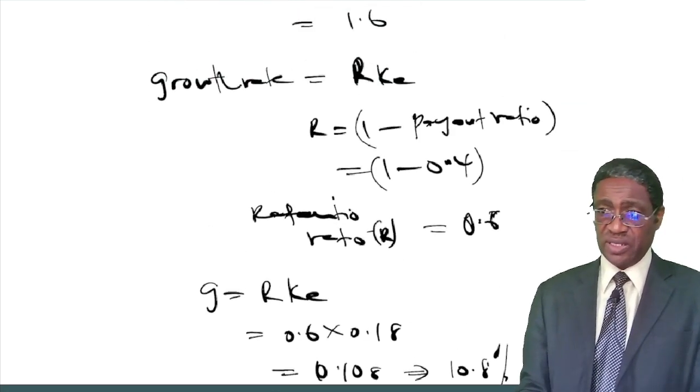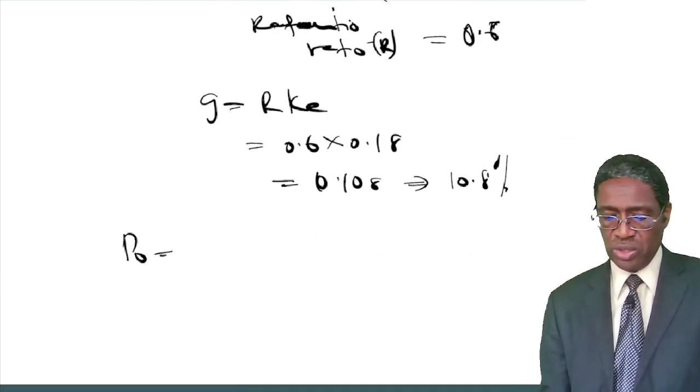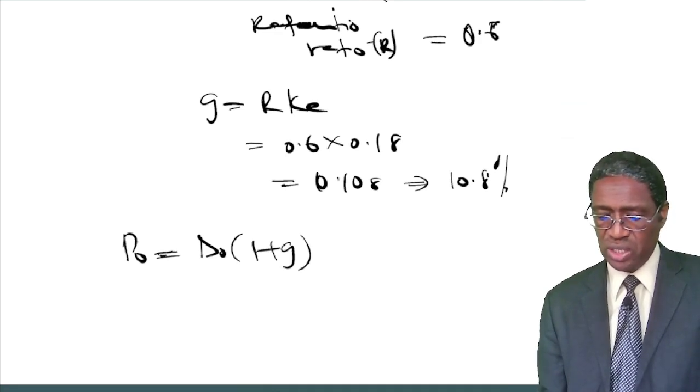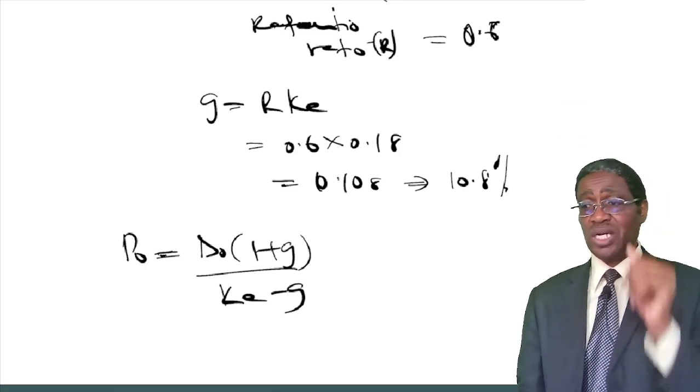Now we know the D. It was not given. Now we can use the two to get the P0. We have said P0 is equal to D0 times (1 plus G) divided by (KE minus G). Let's feed in the data now.